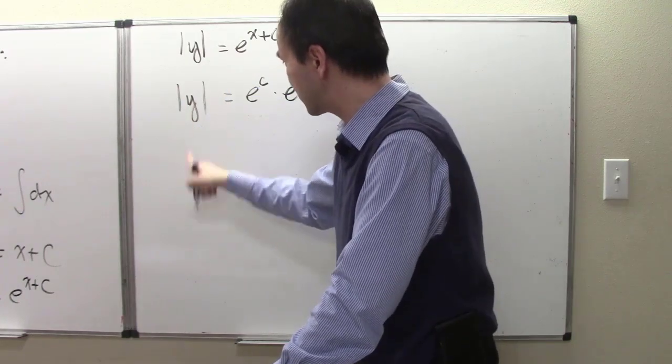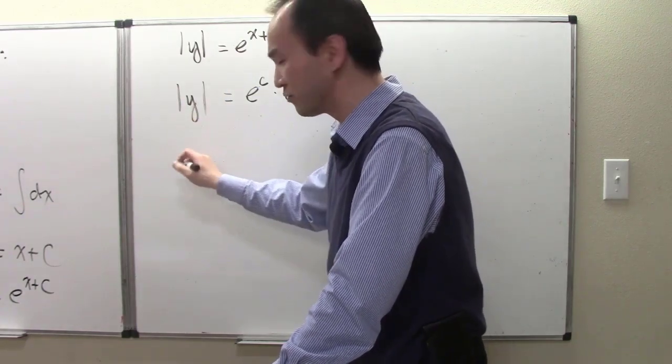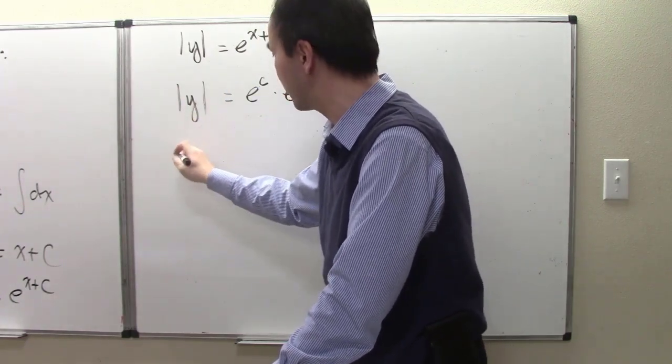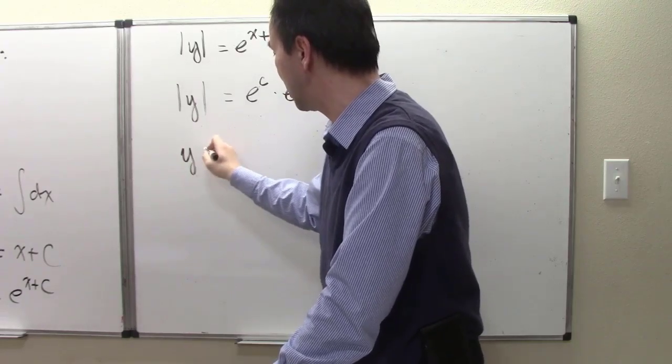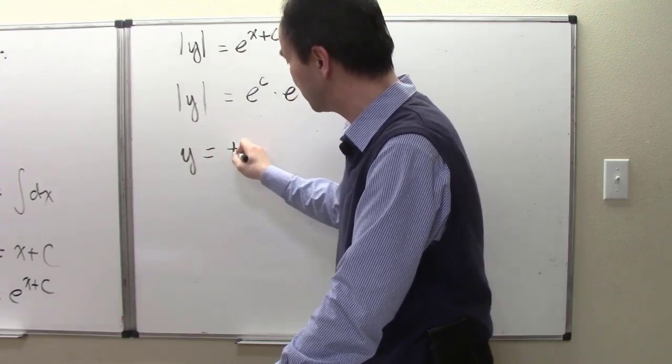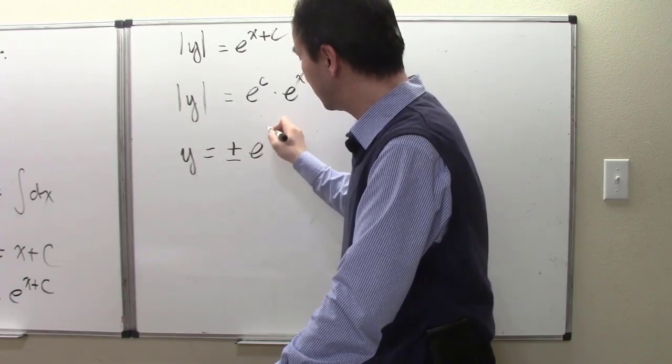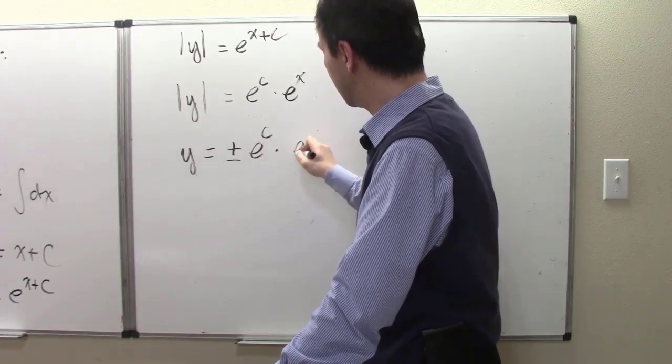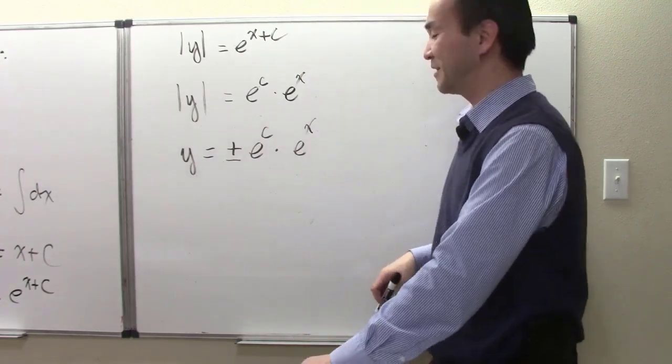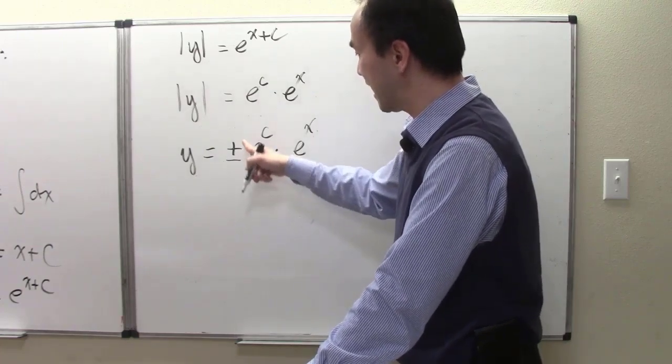Now y itself is currently in absolute value. After removing the absolute value symbols, we're looking at y equal, truthfully speaking, plus or minus e to the c times e to the x. But the way we're observing it, it doesn't matter what sign it is.